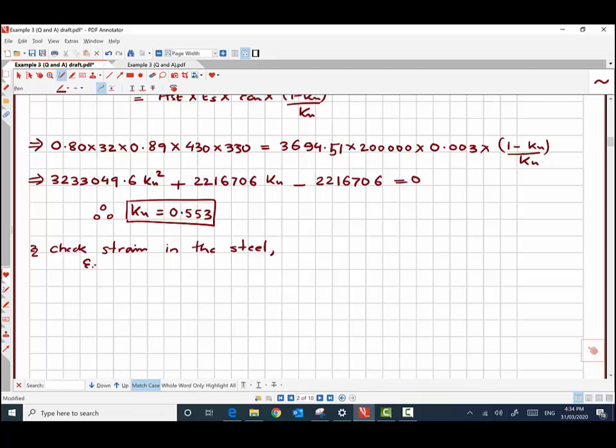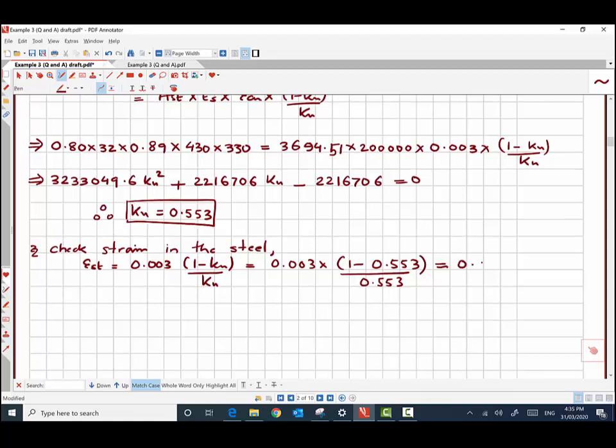Using the strain compatibility equation again, it is 0.003 times 1 minus Ku divided by Ku. So this is the crushing strain of the concrete, and 1 minus Ku, we just computed Ku as 0.553, divided by 0.553. So once we compute this, we see that the actual strain in the steel comes to be 0.0024.